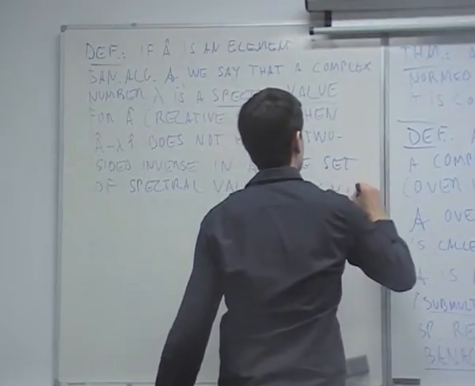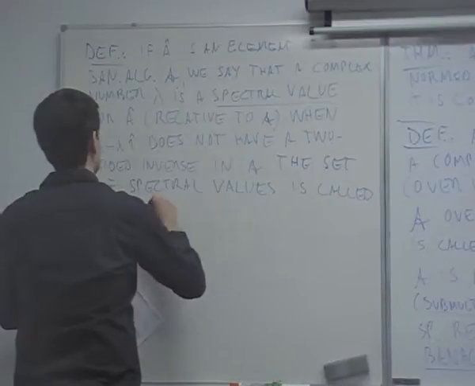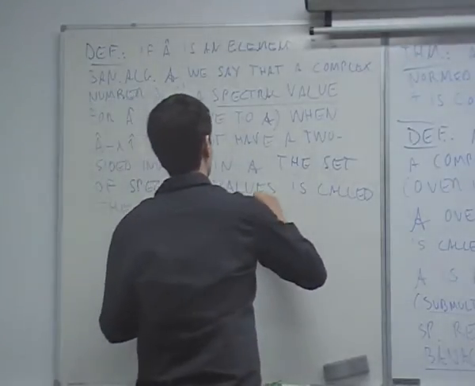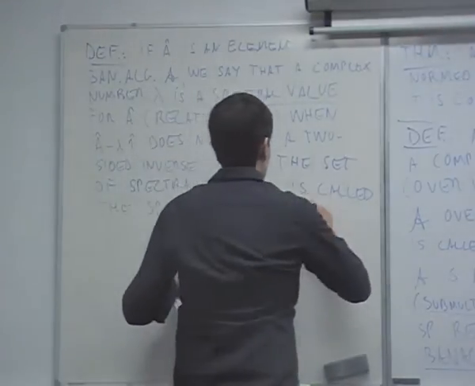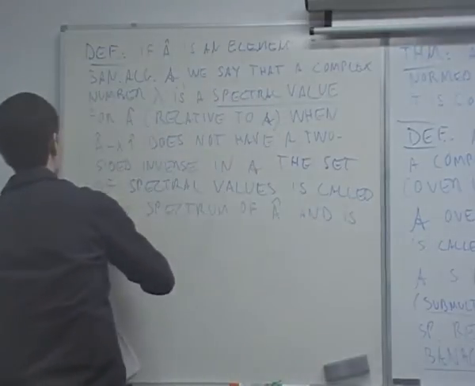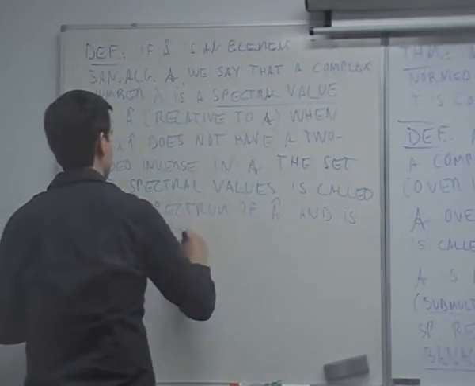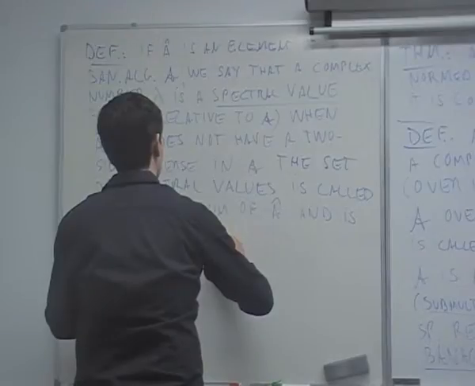It's called the spectrum of A, and we write this the following way: it is denoted by spectrum. I have to put the algebra A here.